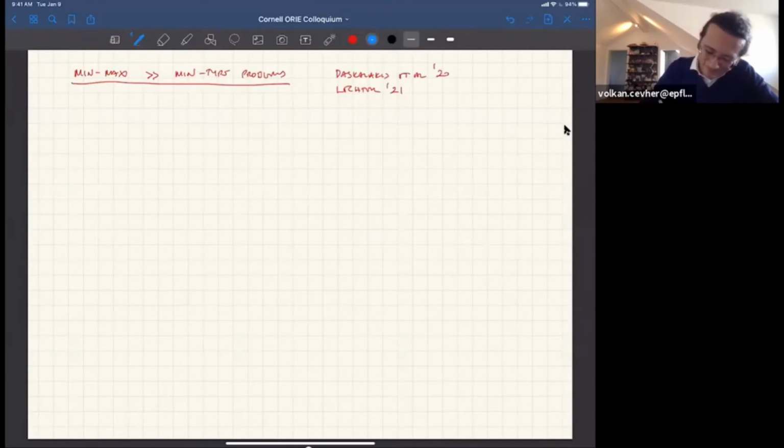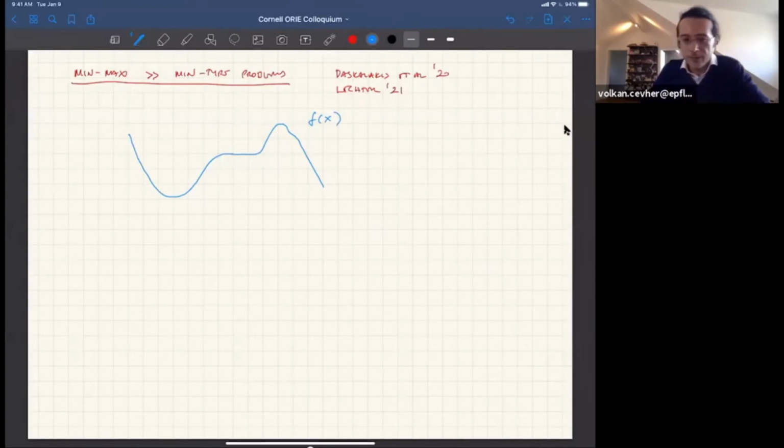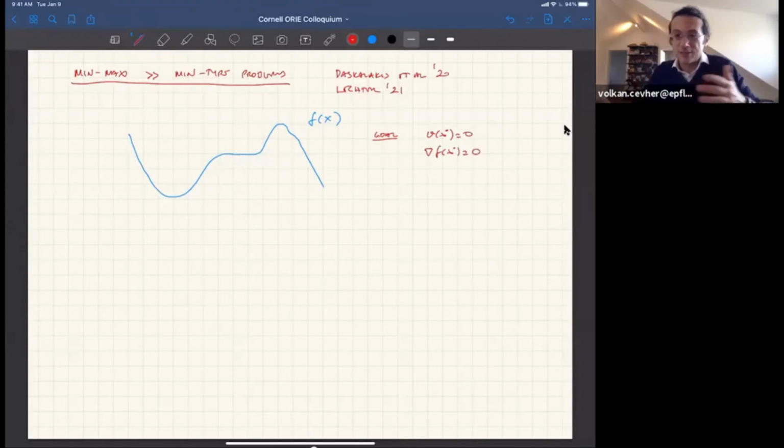Okay, so for this, I'm going to draw a curve. So this will be our minimization problem curve. So let's call this our f of x. Now, if you think about our goal, our goal was to find V(x) equal to 0. So in the case of minimization, what we're trying to do is find gradient of f(x) equal to 0. Again, maybe Damek can jump in and say, hey, Volkan, aren't you assuming smoothness? Right now, let's assume smoothness and focus on some of these concepts.